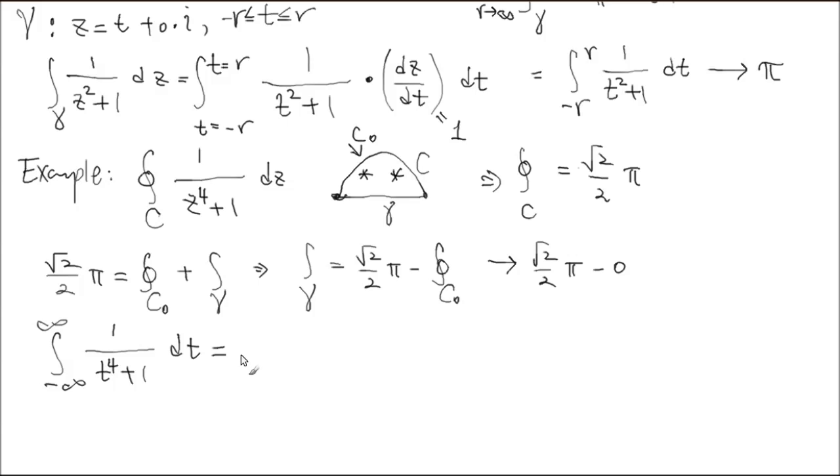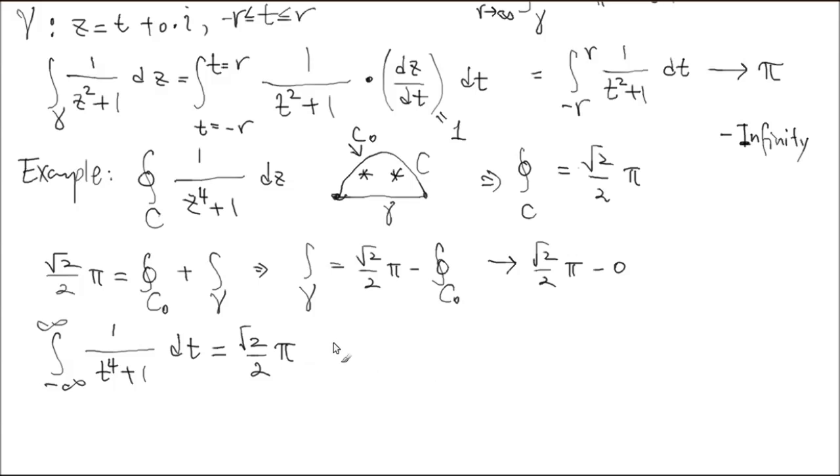The root 2 over 2 pi. That was the answer. Okay, so if you go ahead and type into Mathematica, you can type in the integral from negative infinity to infinity. It'll calculate this thing symbolically, and then it'll give you this result and verify that.